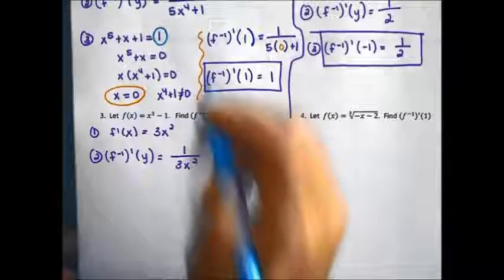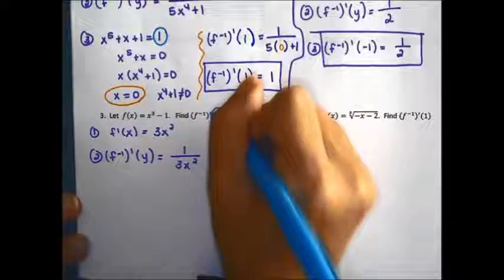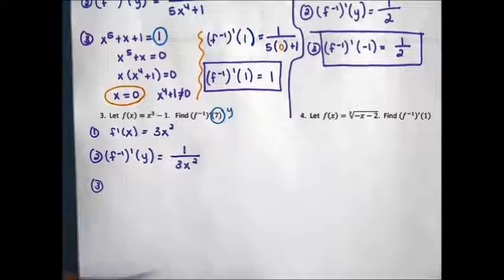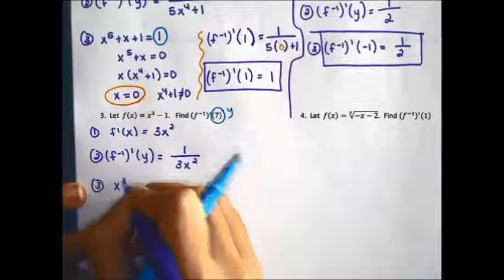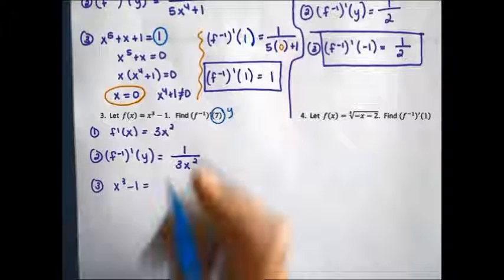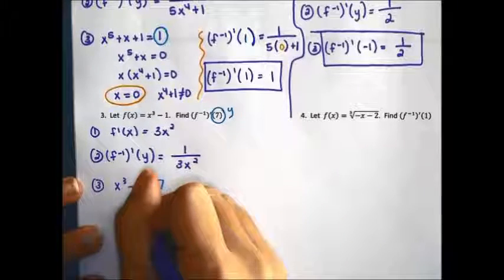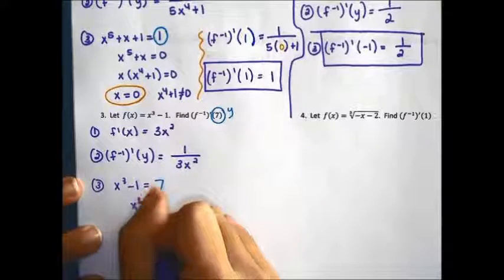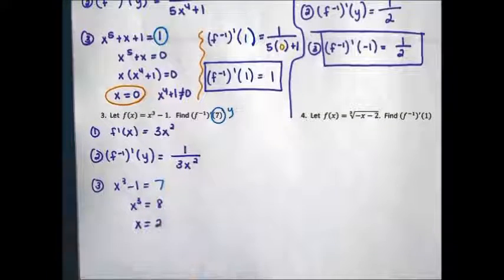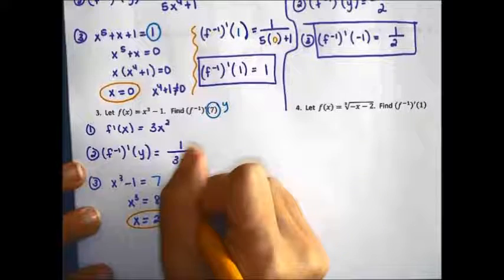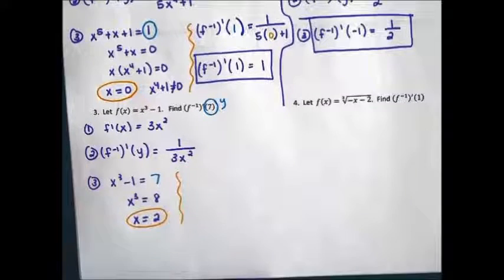So this is a y, which means we need to calculate the x that we're going to use. So we would make x cubed minus 1 equal to 7. When you solve this, you would get x cubed equals 8, so x equals 2. Now that I know that x has to be 2, I just plug it into this formula.